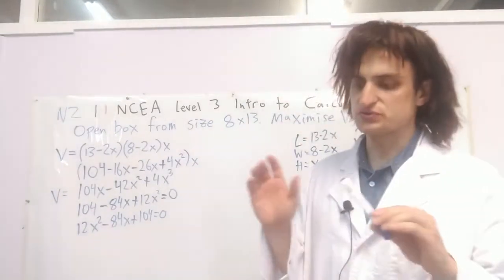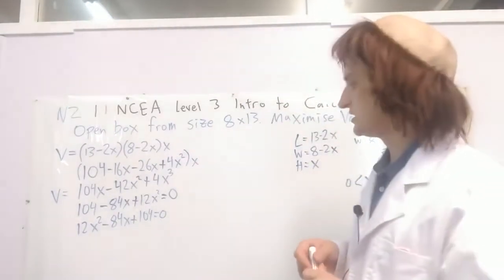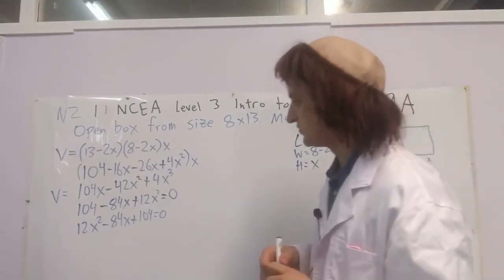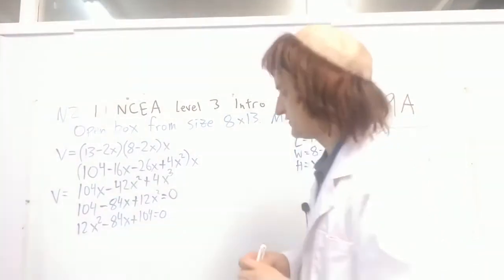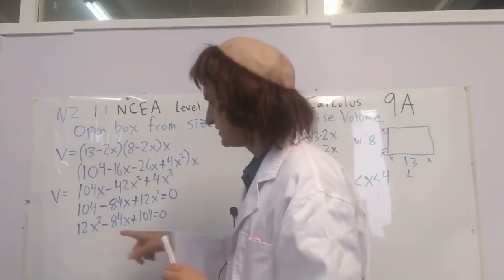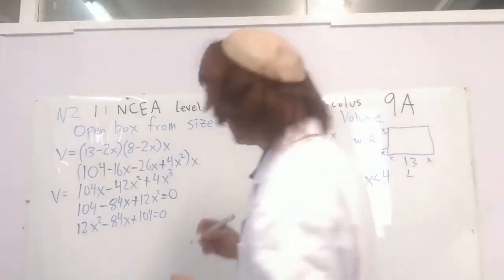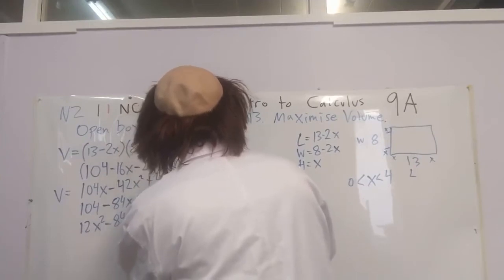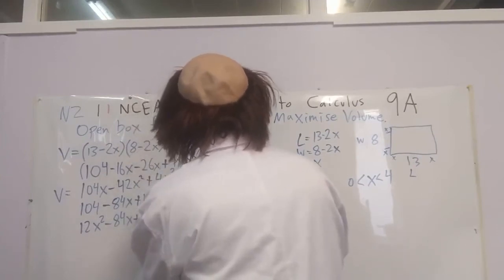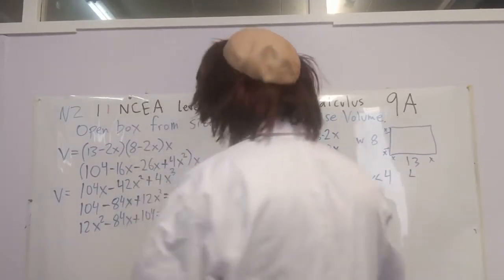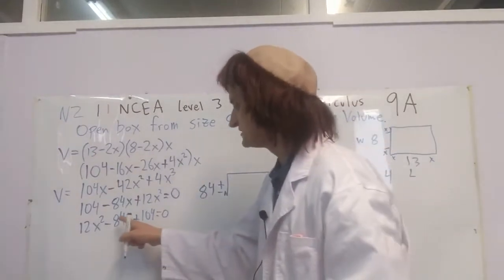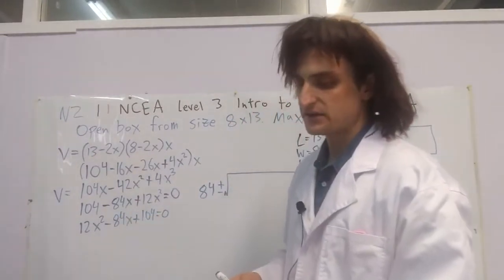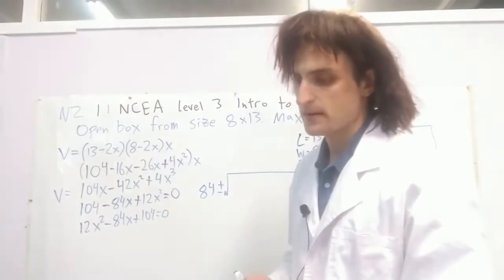Now we're going to use the quadratic formula. There's no easy way to do it. You just have to plug everything in. Negative b, that means 84, plus or minus the square root of b squared, negative 84 squared.